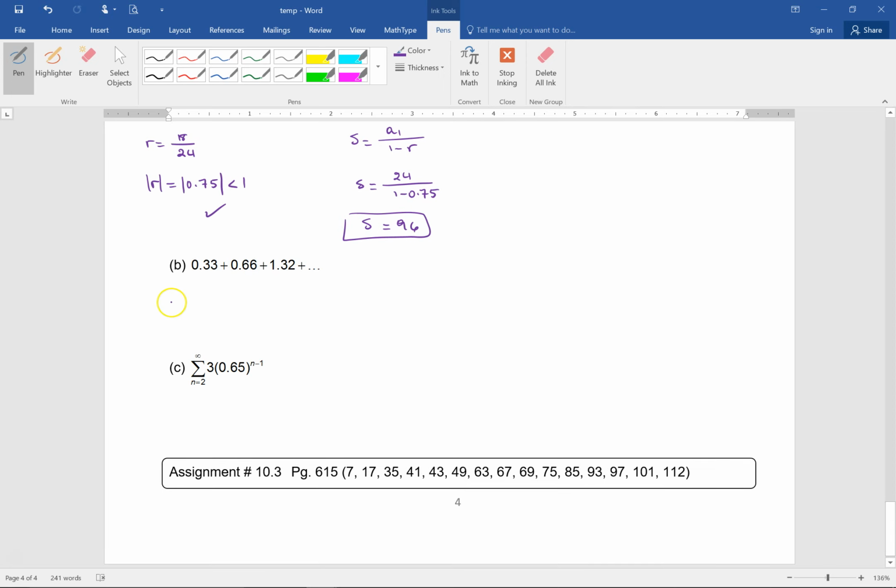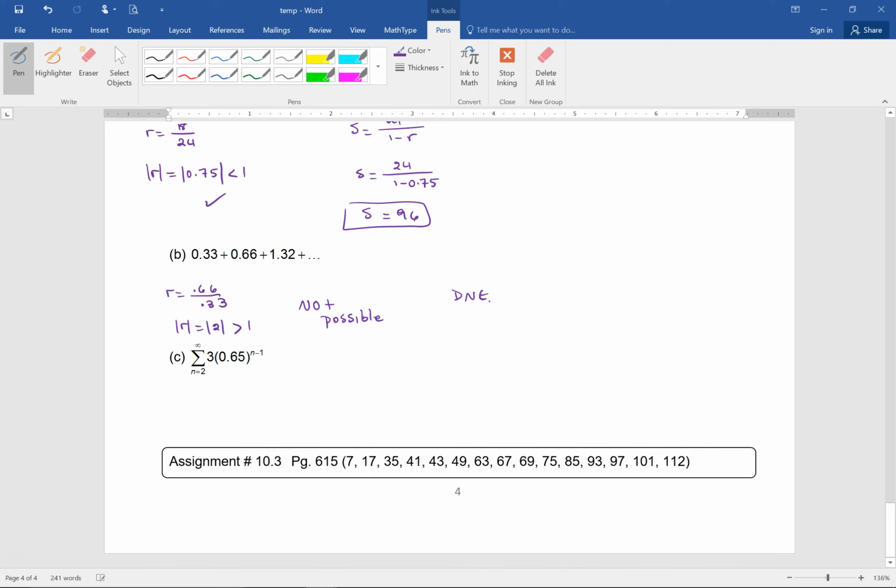Okay, what's r here? 0.66 over 0.33. The absolute value of r is the absolute value of 2, which is greater than 1, so not possible. Or DNE. This is a divergent series. What about this one here? What's r in this problem? 0.65. That's r, and it's less than 1, so we can go ahead and find s here.